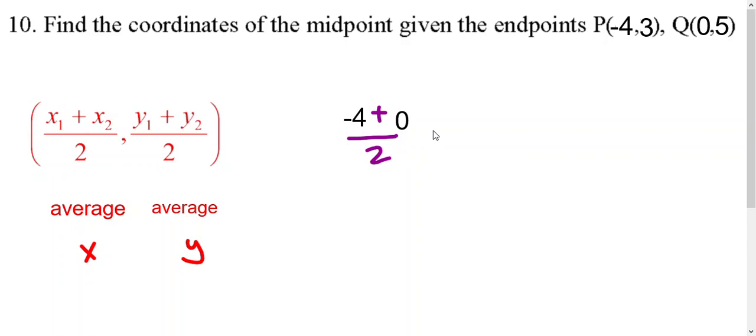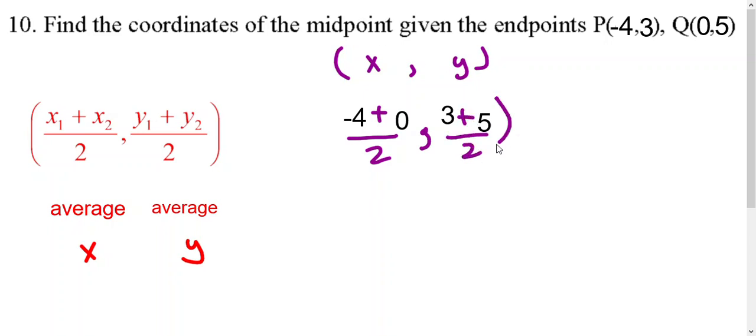We want to take those and divide it by 2. That's going to be the x value of our ordered pair. Then for the y value, we're going to take the two y's that we have, 3 and 5, add them together and divide them by 2. We're going to put it all inside an ordered pair.